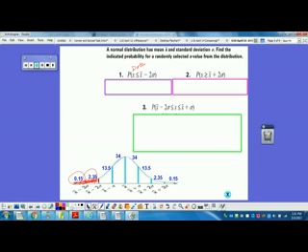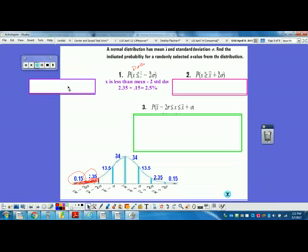I'm going to add those together, and I should get 2.5 as a percentage. As a probability, I really should take the time and write this as a decimal. 0.025. Okay.